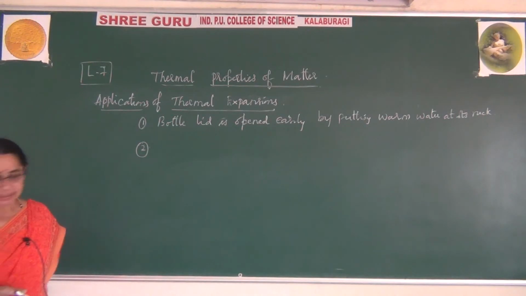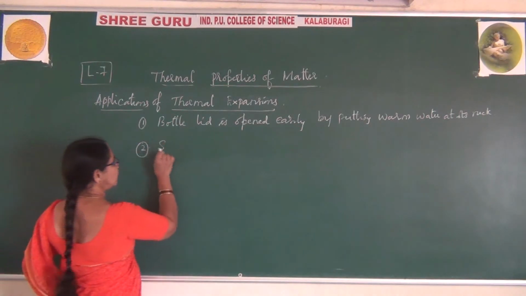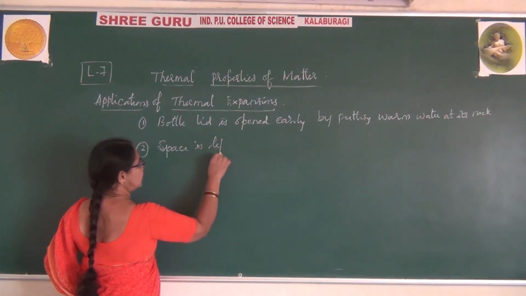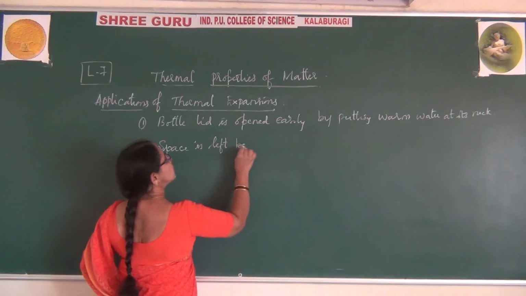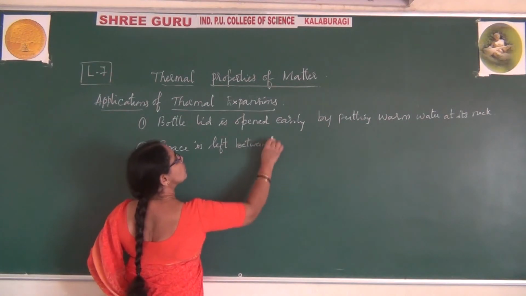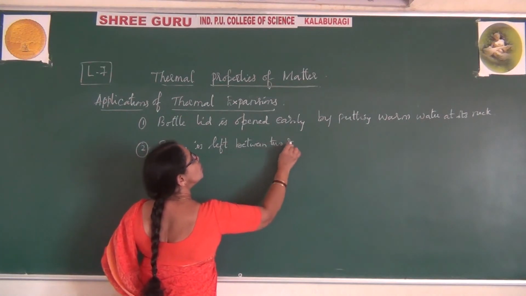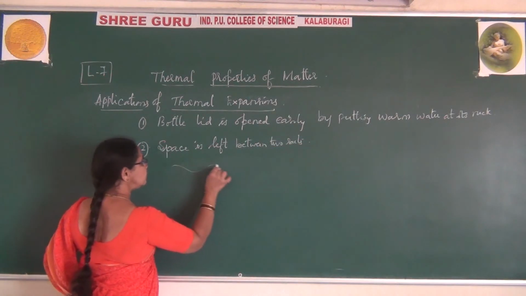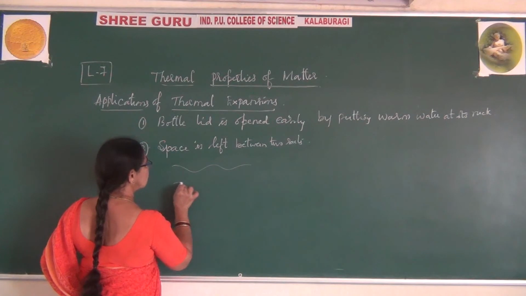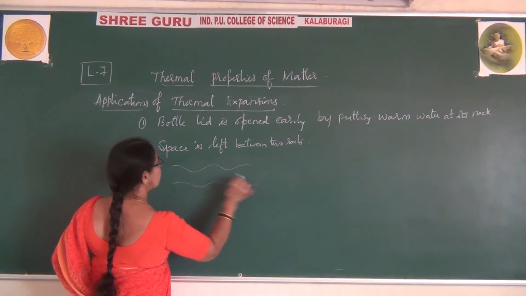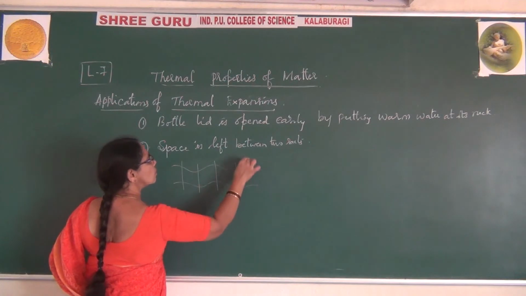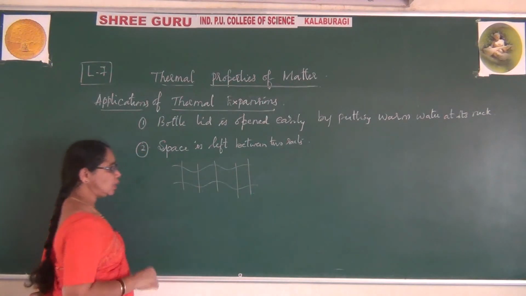Space is left between the two rails. So there is a space between the two rails.